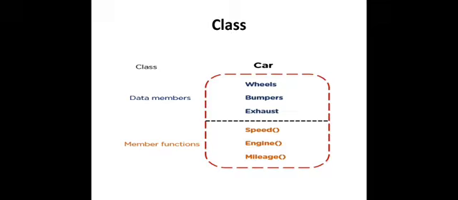The class has data members and member functions. The car has data members such as wheels, compass, etc. The member functions of car are speed, engine, and mileage. The speed, engine and mileage are different for different models.